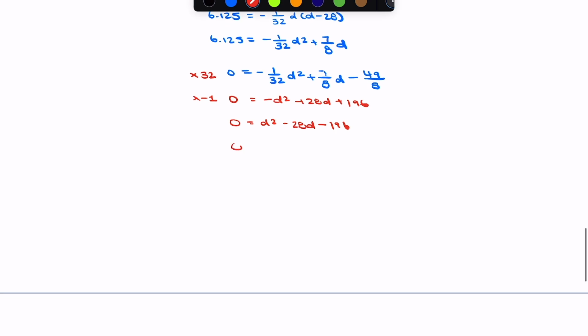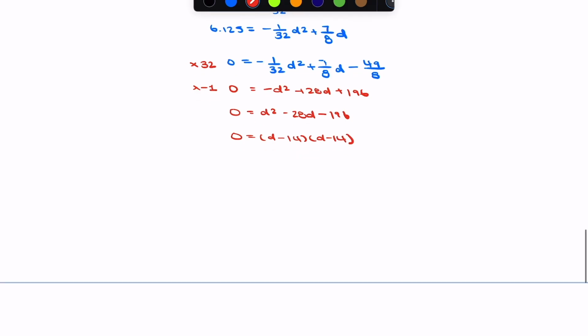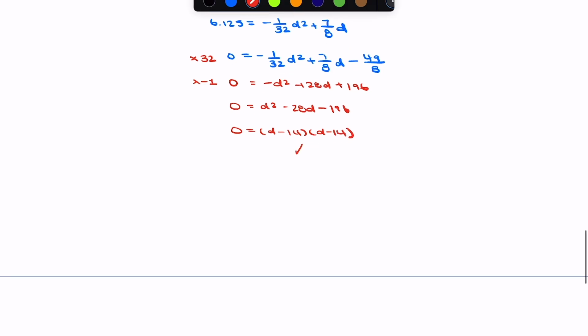And here when we factor it out, we'll get d minus 14 times d minus 14. This means here, again, that d is equal to 14. So here, again, the max height is reached when the ball travels 14 meters. And so that was just a check on this last question.